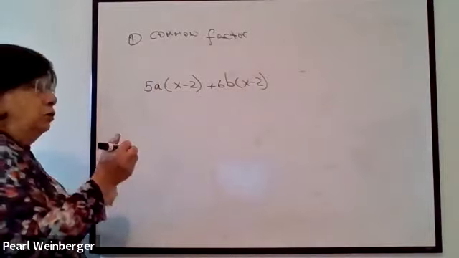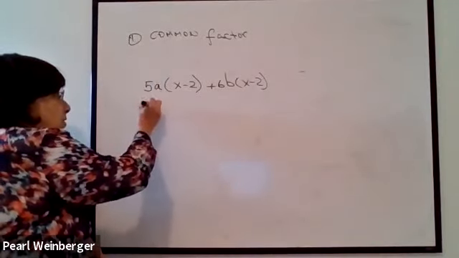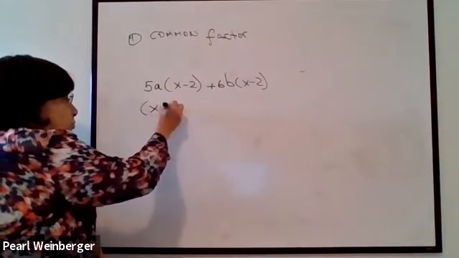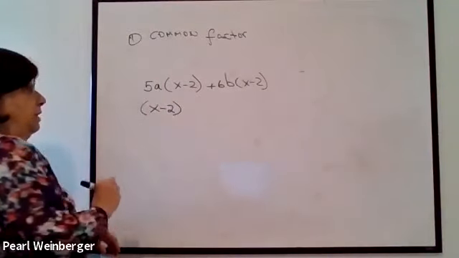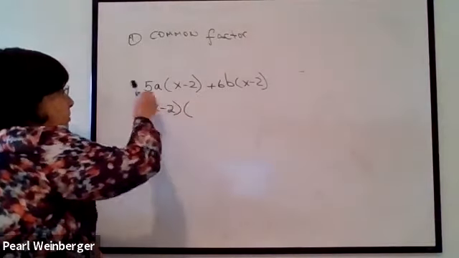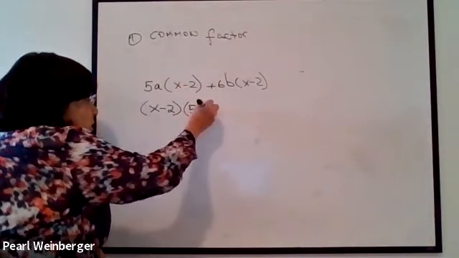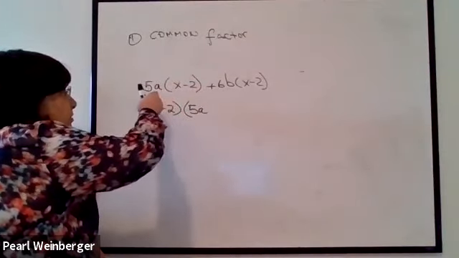So what I could do is factor out the x minus 2. In other words, put the x minus 2 in front, and in the second parentheses, just put the two expressions that were in front of this.